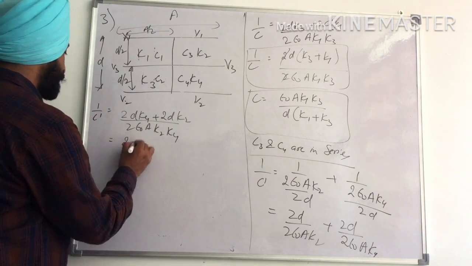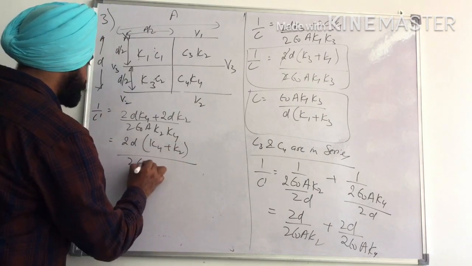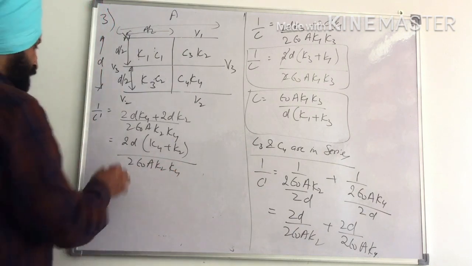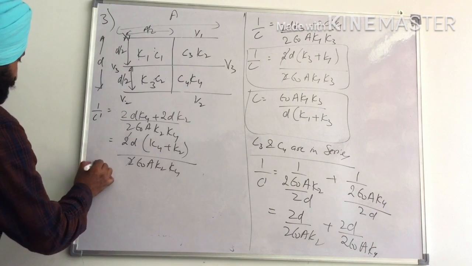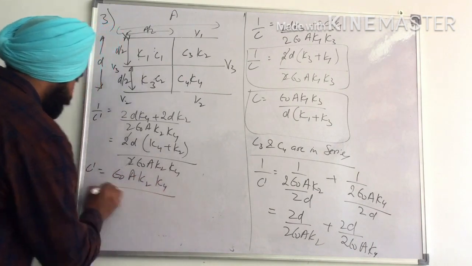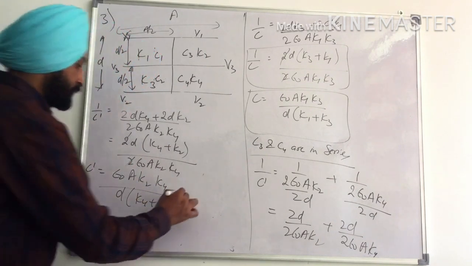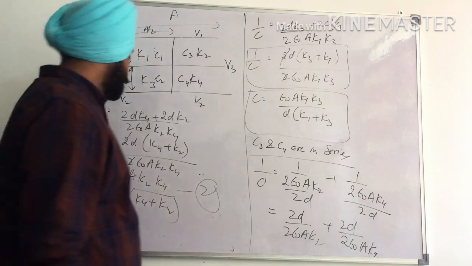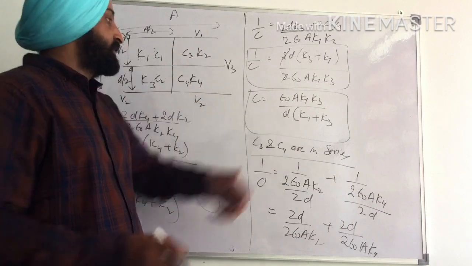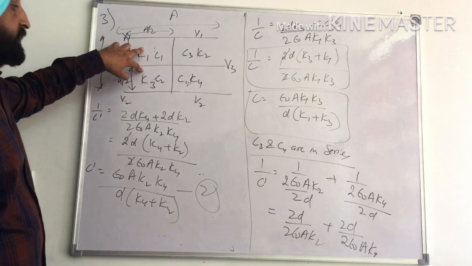So we can take 2D common, K4 plus K2 divided by 2 epsilon naught A K2 K4. This 2 and 2 will get cancelled. So C dash will be equal to, taking its reciprocal, epsilon naught A K2 K4 divided by D into K4 plus K2. So this is our equation number 2 for capacitance of these two in series, and this was our capacitance for these two, C1 and C2, in series.